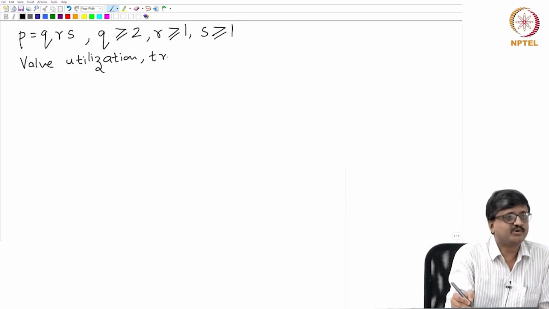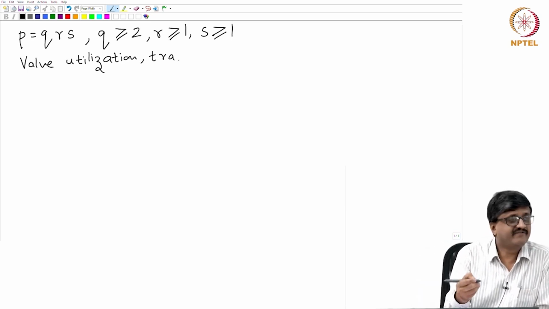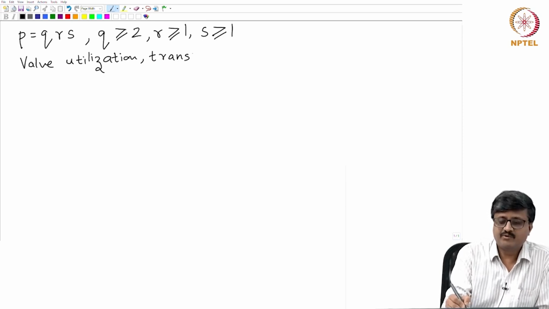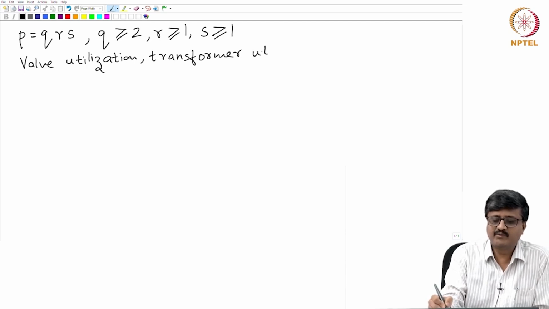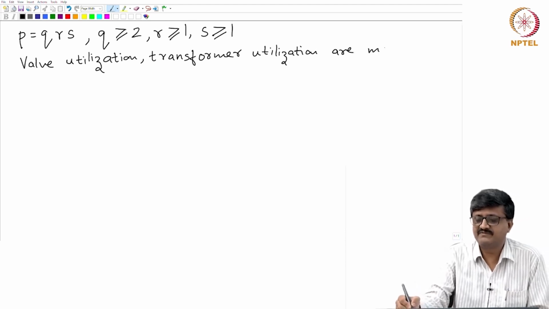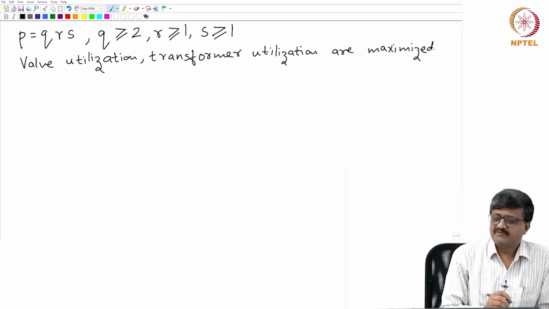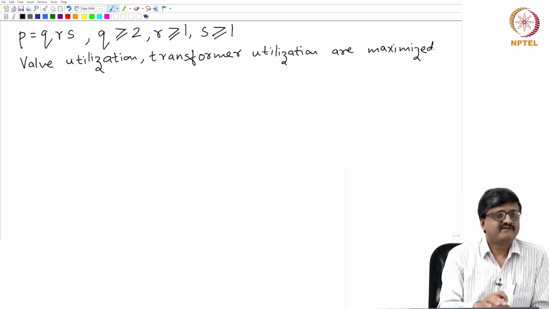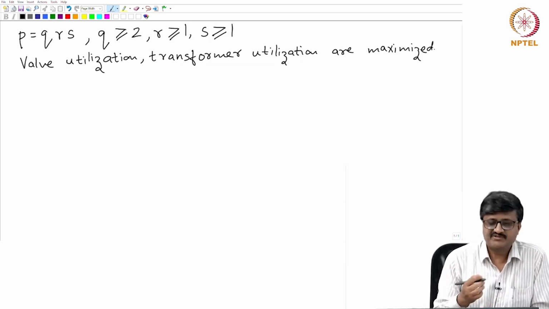The voltage source shown in the figure is actually the EMF across the transformer. We want to also see that the transformer utilization is maximized. So, both these quantities are maximized. What we will try to do is to arrive at some figure of merit which will ensure that transformer and valves are best utilized.